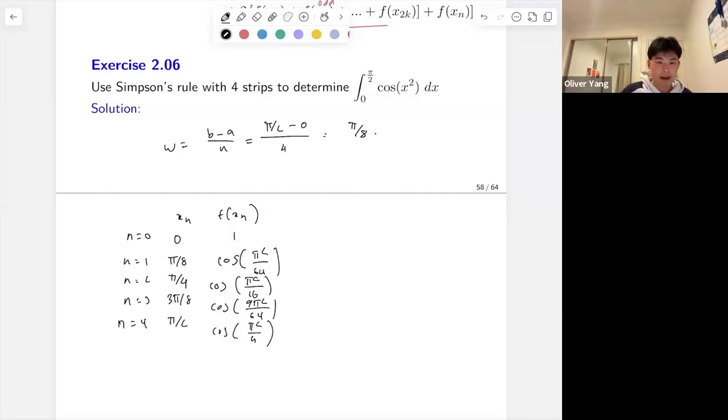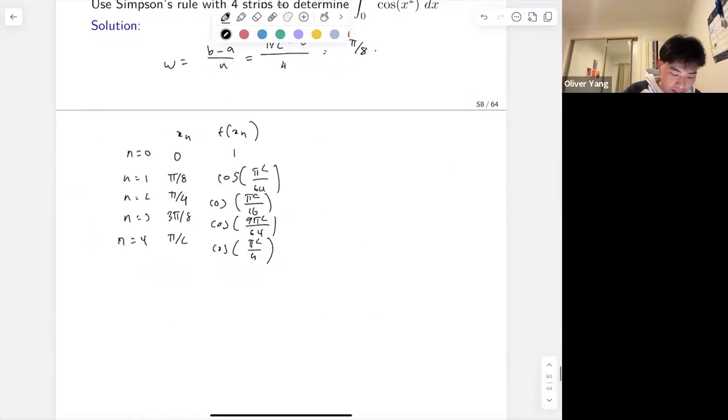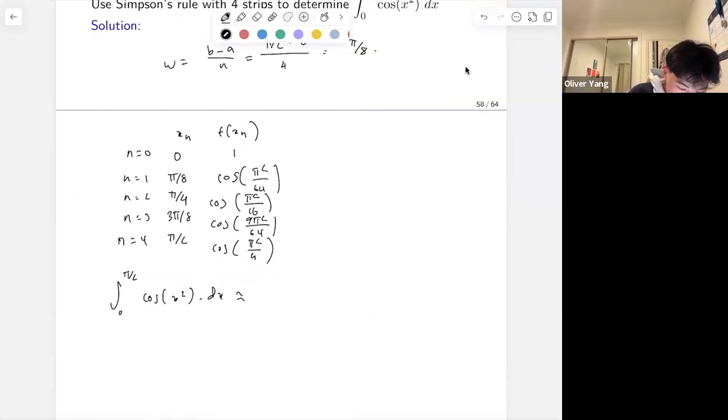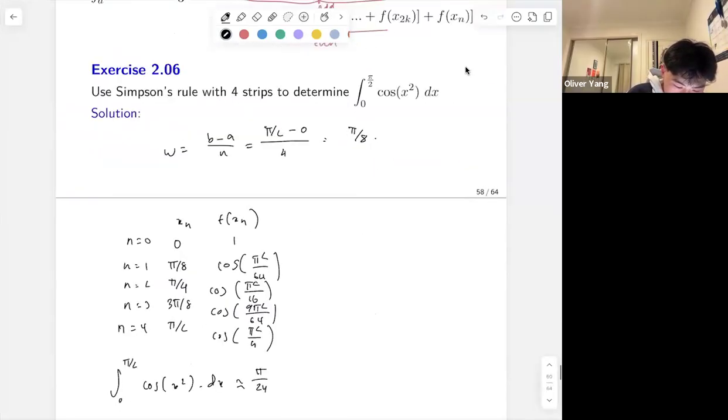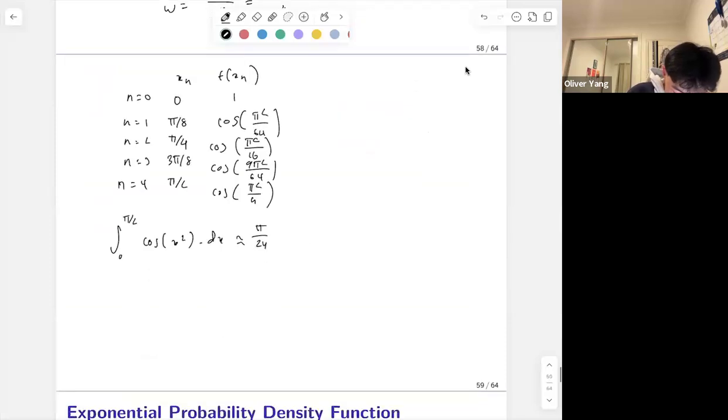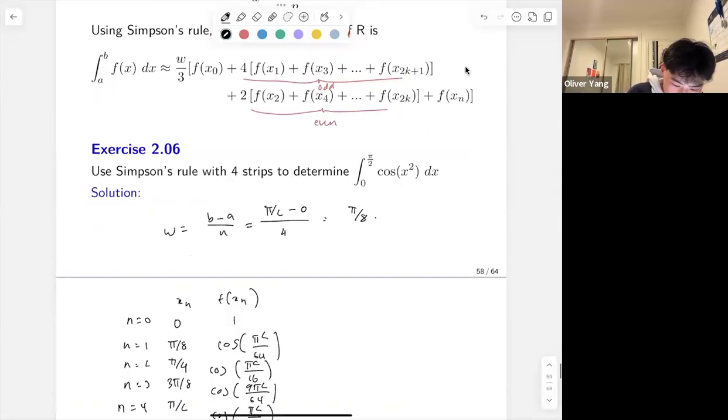Once you get these values, you can just sub them into our equation. So we know that the integral from 0 to pi on 2 of cos x squared dx is going to approximate to w over 3, so pi on 24, times x_0, which is just 1, plus 4 of your odds.